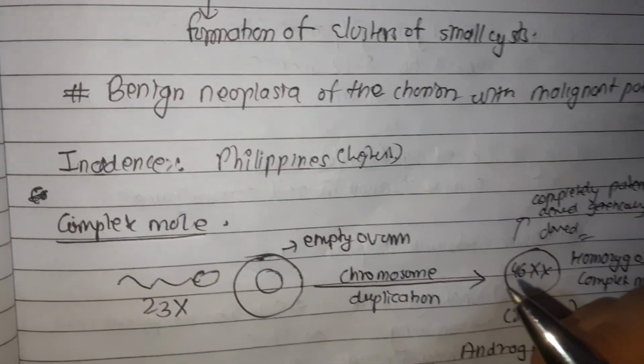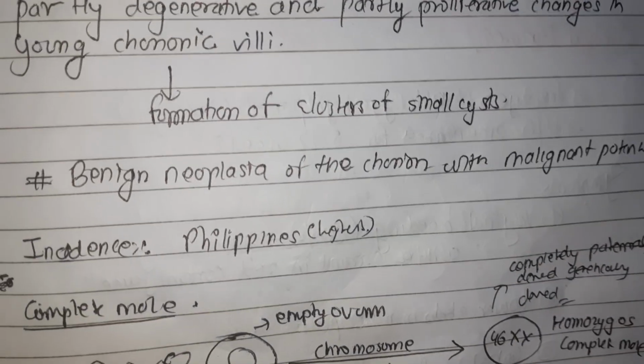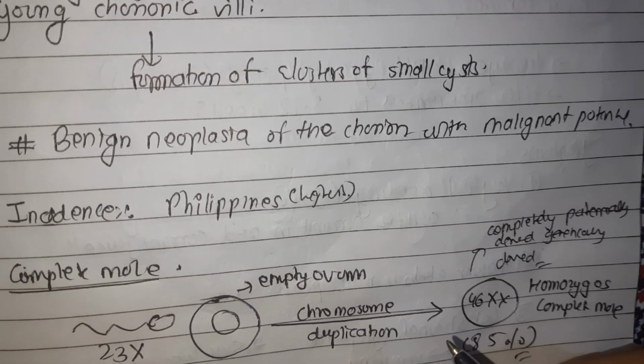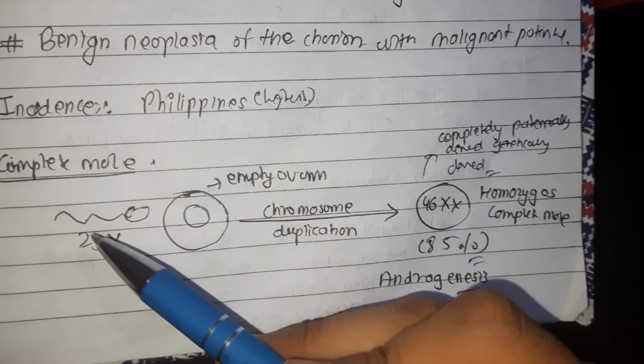And talking about cytogenetic abnormalities, in general, the complete mole has a 46XX karyotype. The molar pregnancy is derived entirely from the father. How? You can see this. This is the sperm.